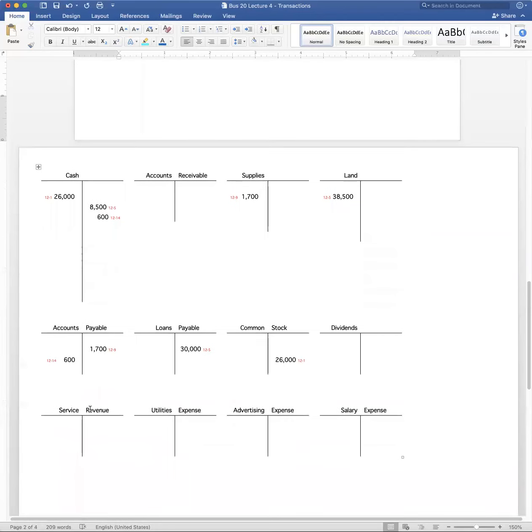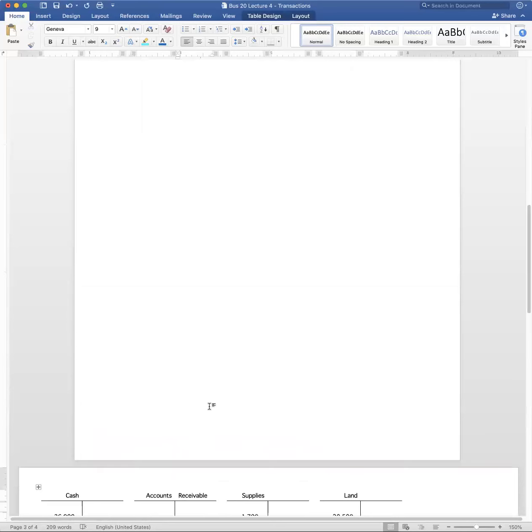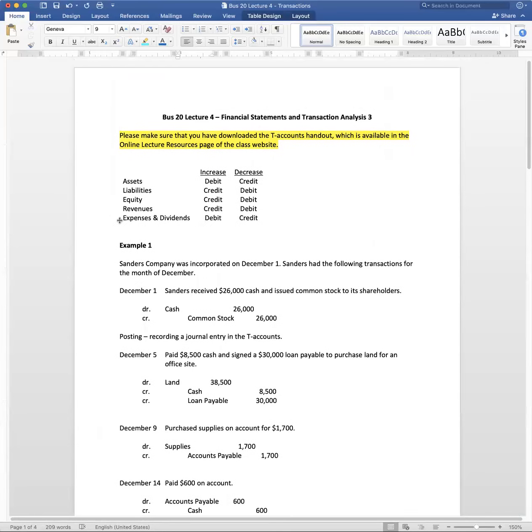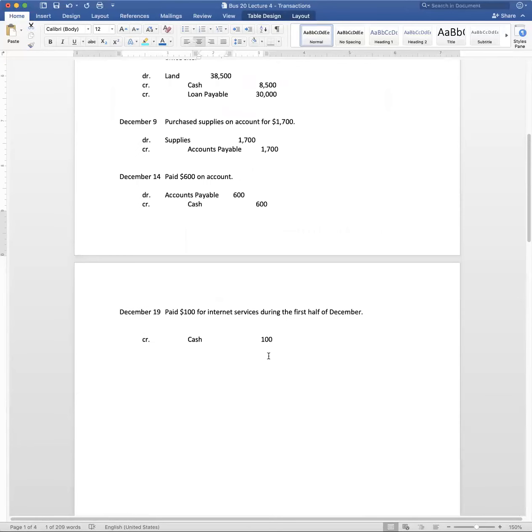Okay? Just as a hint, right? If you took a look at the expenses that are available for this particular question, utilities expense is clearly where it's going to go. All right, so we have an expense. And as we remember, expenses are always increasing, so we have a debit to utilities expense. So let's put that in.